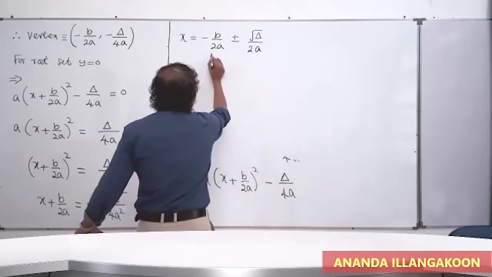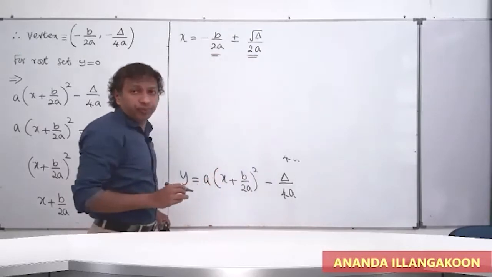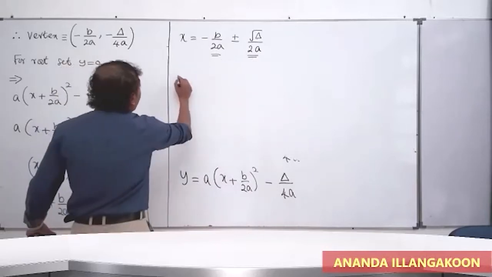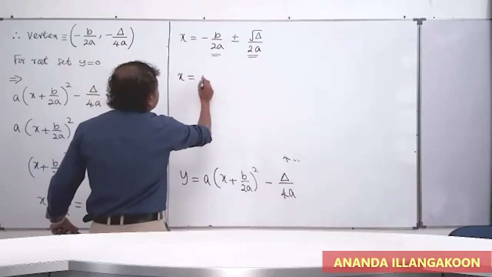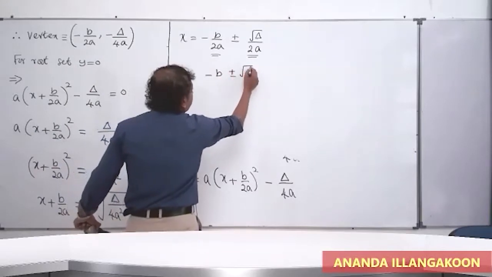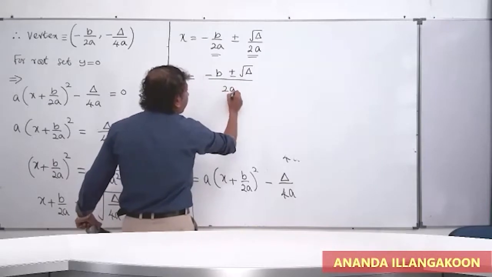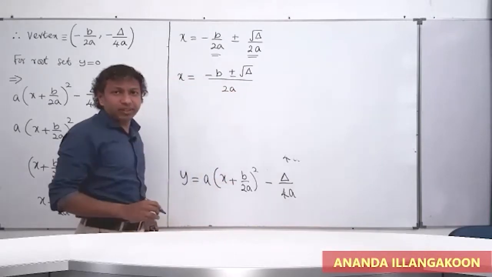Now here you can see 2a here we have, 2a here we have. People, now x equals, we get minus b plus or minus square root delta divided by 2a. This way we can write.